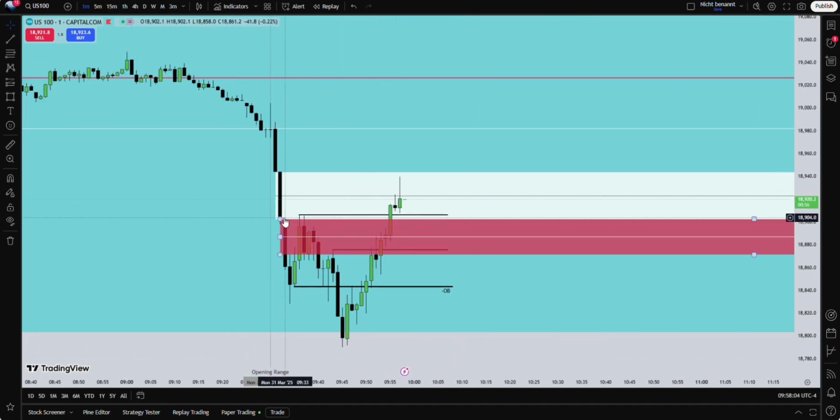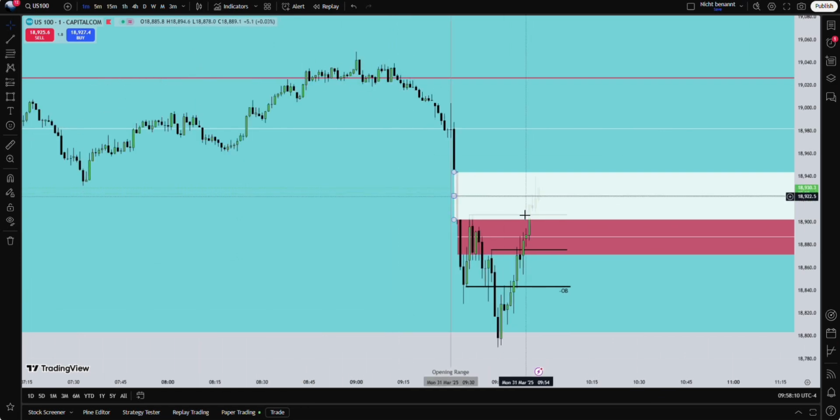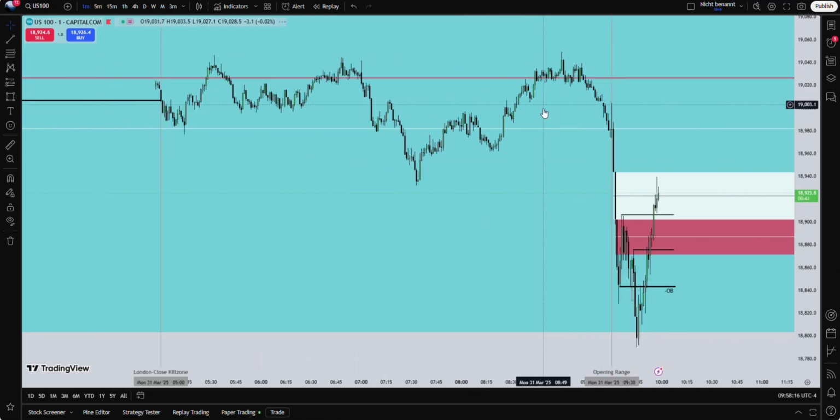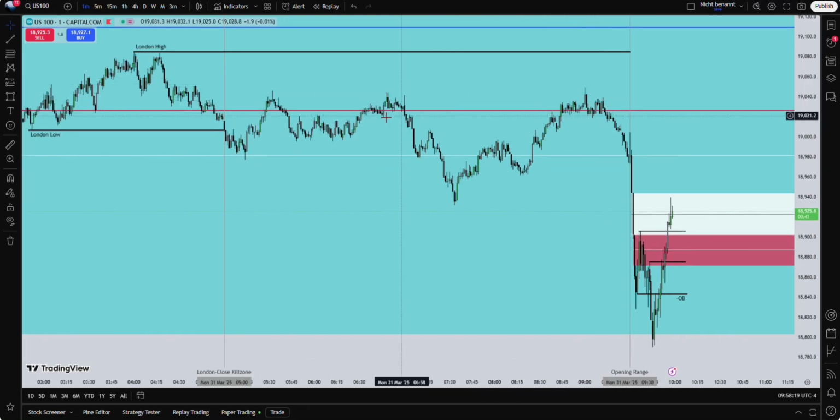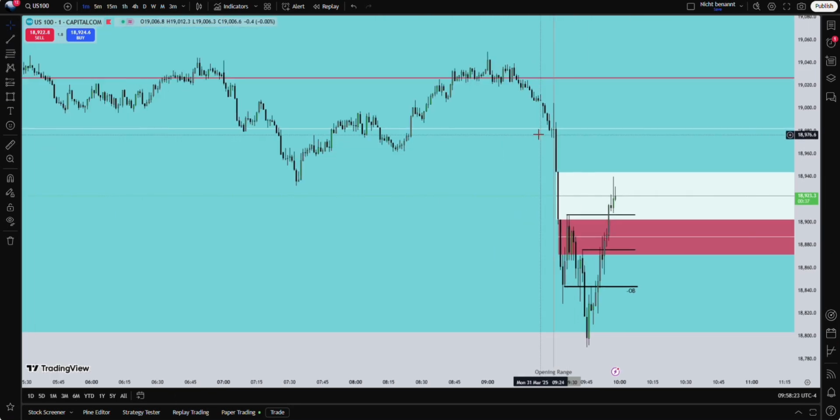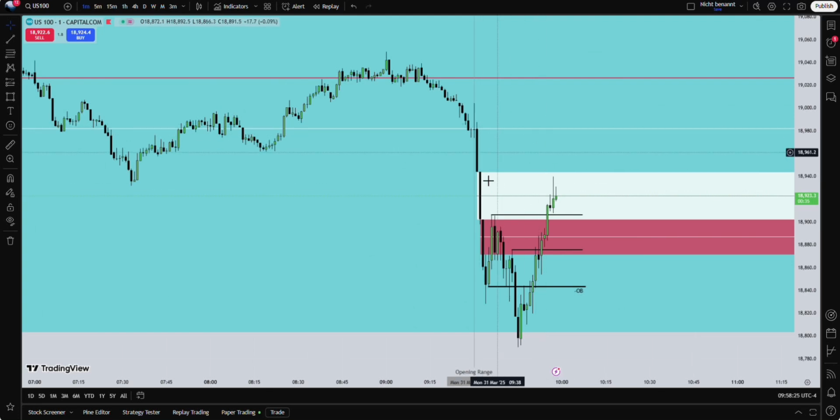At this point, the buy side is taken, so I don't want to see a displacement higher. I want to see a trade lower. So in my mind, this is all retail, right? So the retails think that price is reversing and price is starting to trade higher and go for the buy sides here, and it might do that. I'm not telling that it wouldn't do that, but all in all, the bias today is bearish.